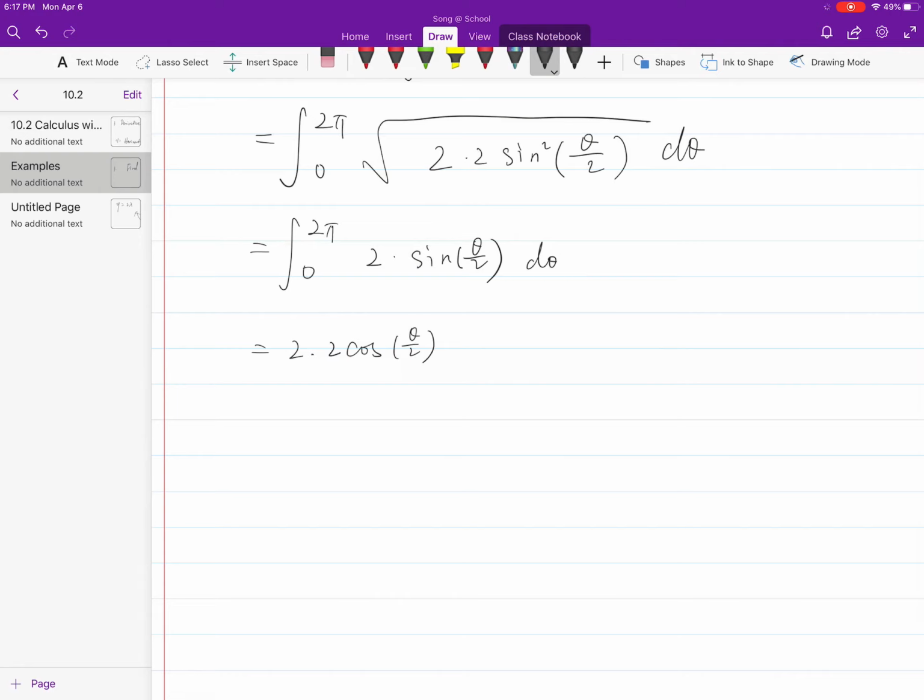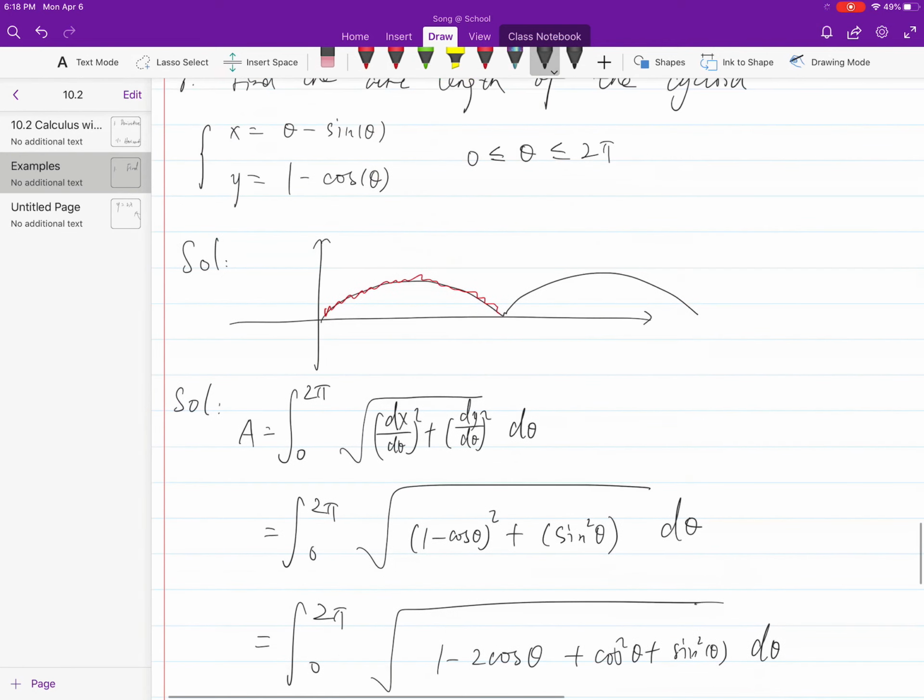D theta gives you negative 2 cosine theta over 2 times another 2 by chain rule, from 0 to 2 pi. If you plug in 2 pi, that's cosine pi, so it's 4 minus negative 4, which is 8.